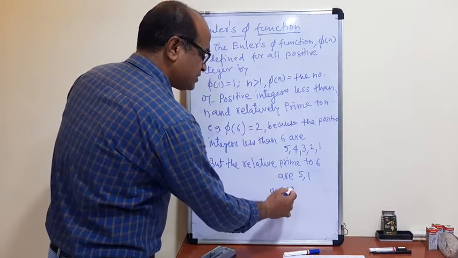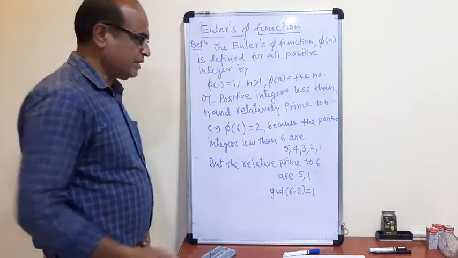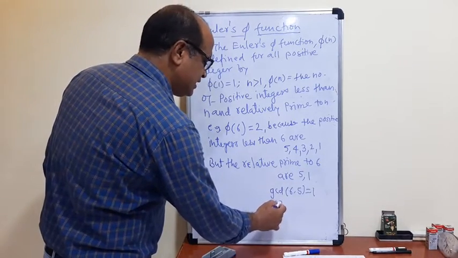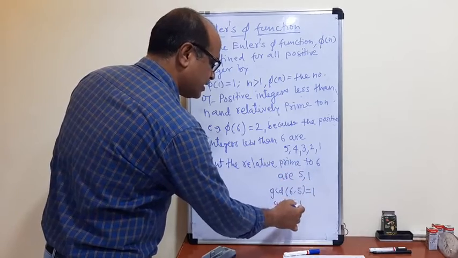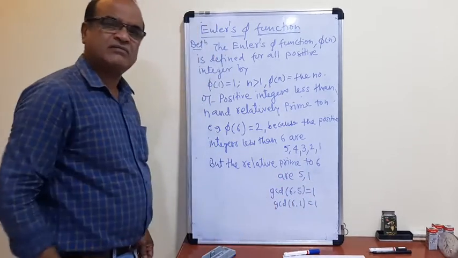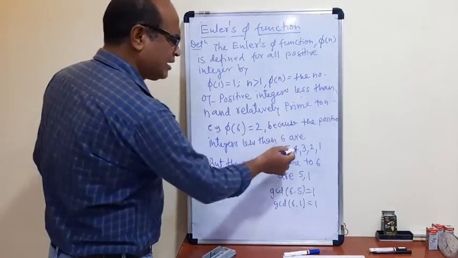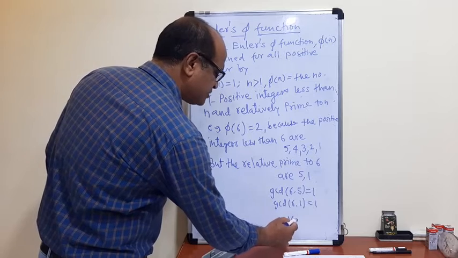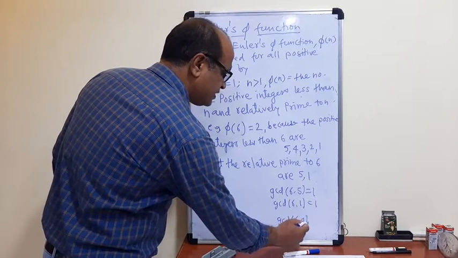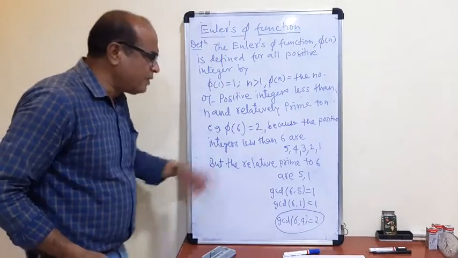GCD of 6 and 5 is 1, and GCD of 6 and 1 is 1. GCD means greatest common divisor. Why not 4? Because GCD of 6 and 4 is 2, so this is not allowed. So how many numbers are there?